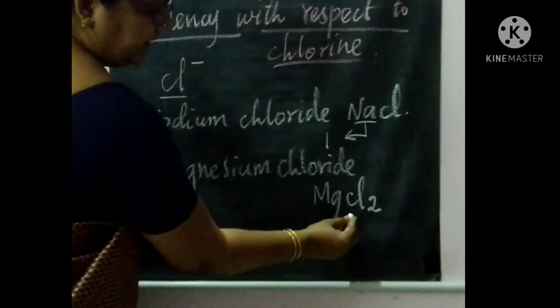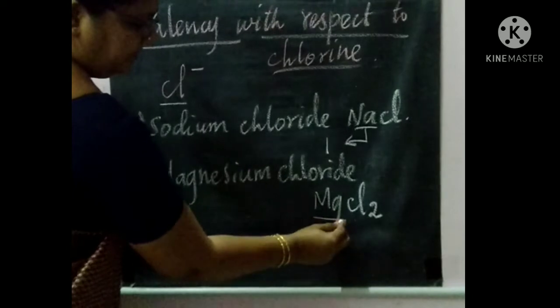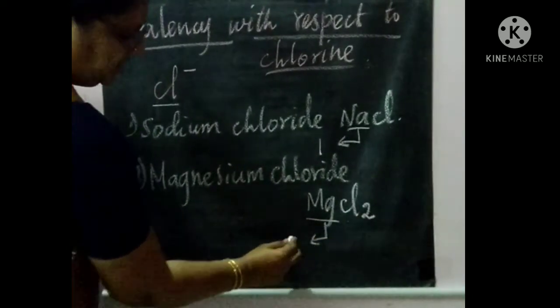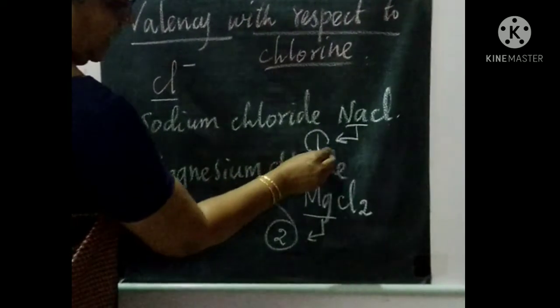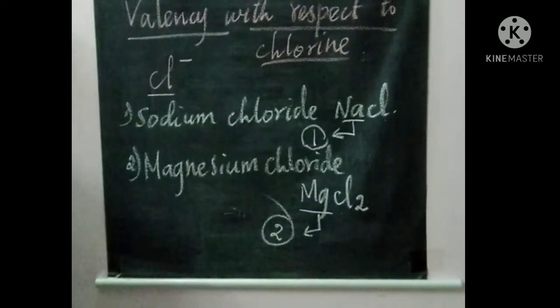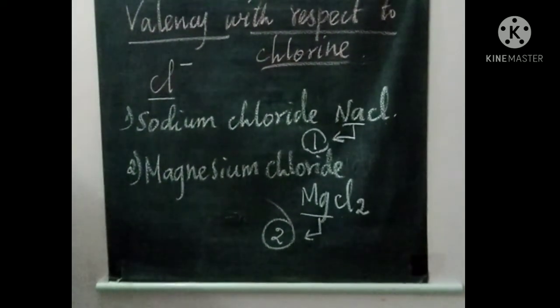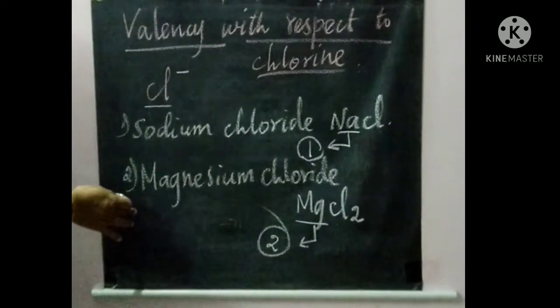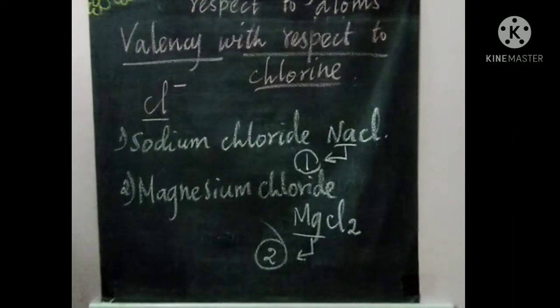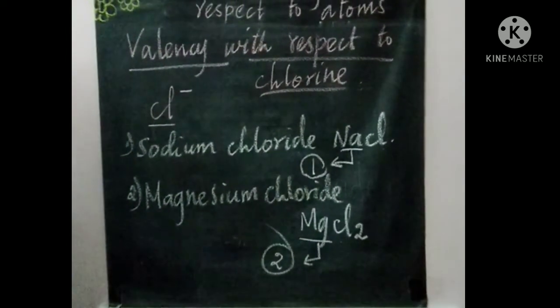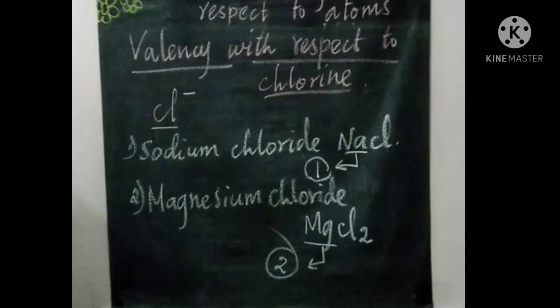Here 2 chlorine atoms are attached to magnesium, so the valency of magnesium is 2. So the elements which do not react with hydrogen surely combine with chlorine and get their valency. The valency with respect to oxygen we will see in our next class.